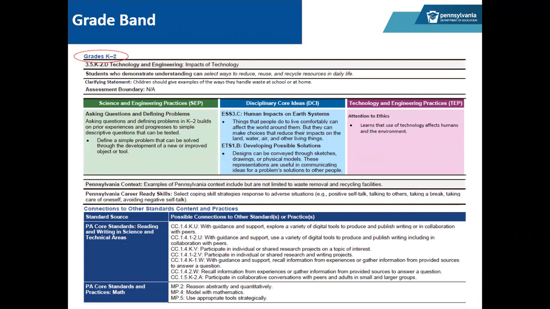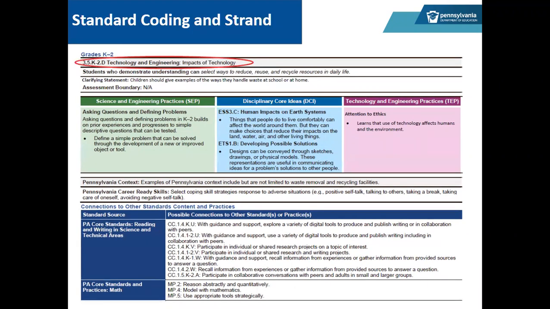This is an example of a technology and engineering foundation box. Each standard has a foundation box. The grade band is circled on this slide, indicating that it is a grade K2 standard. As we navigate down the foundation box, the coding, content area, and standard are listed.